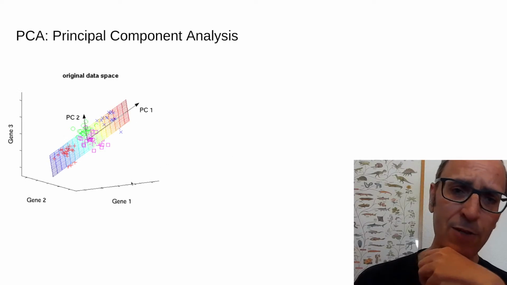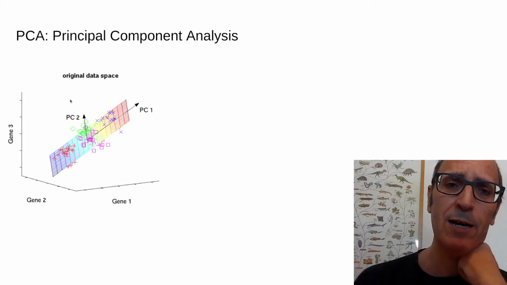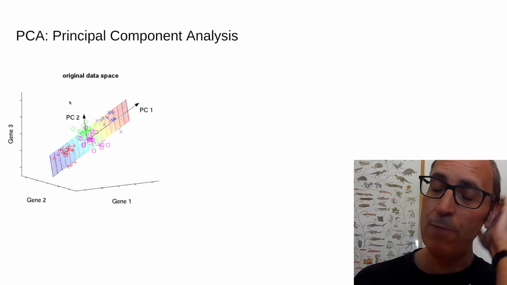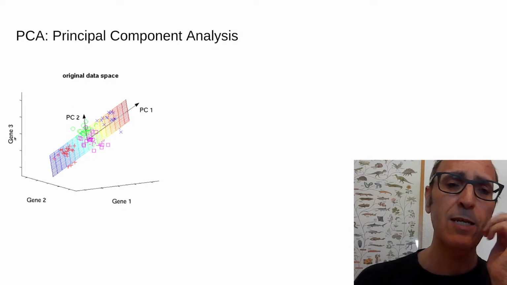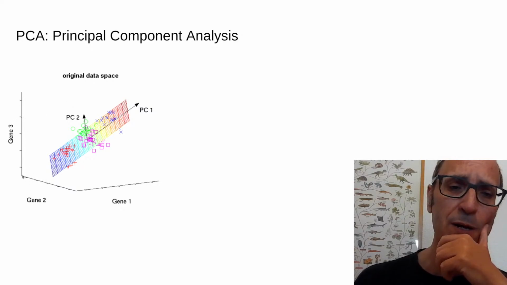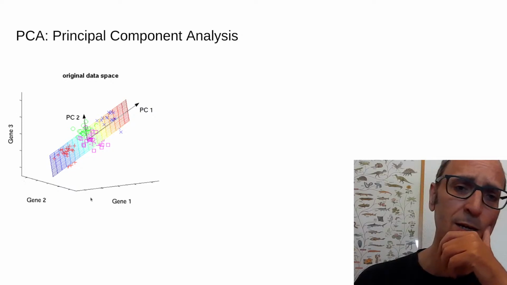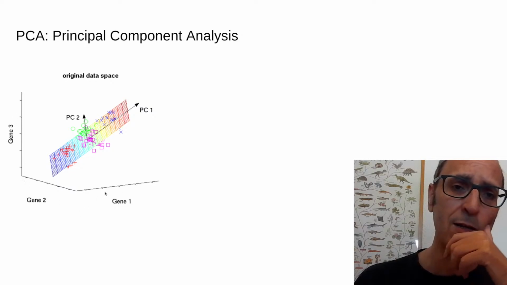Let's try to see what's the idea behind a PCA or a PCoA. They are very similar. Imagine that we have our 3 markers. In this slide, they are called genes, but they would be better called markers. So we have our 3 markers.